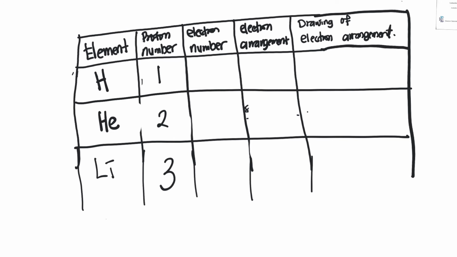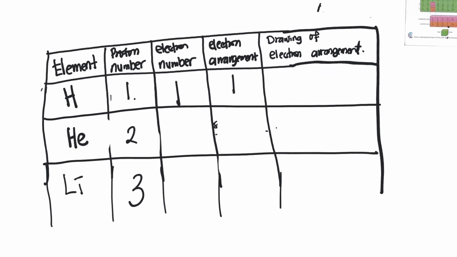This is the first one. The first element will have proton number 1. When the proton number is 1, the electron number is also 1. Electron arrangement 1. The drawing of electron arrangement should start with the symbol and then the nucleus and then 1 shell with 1 electron.